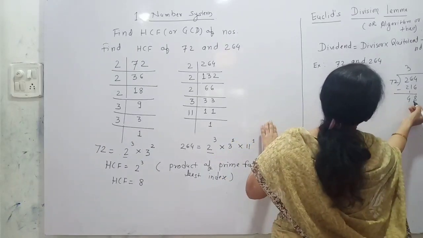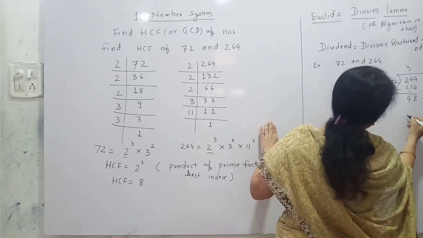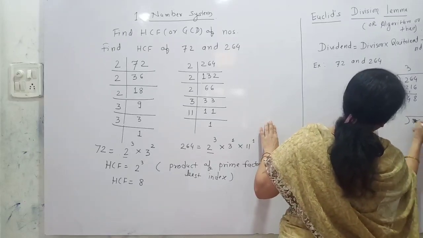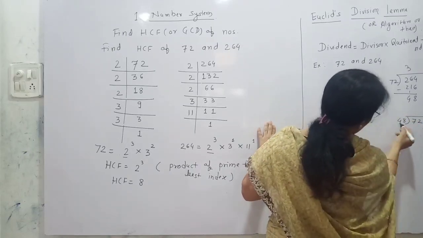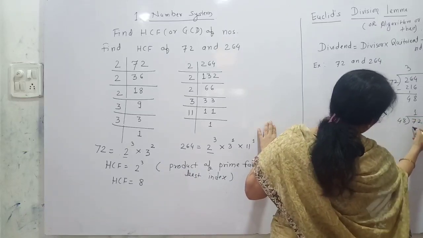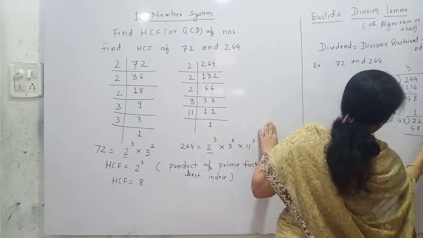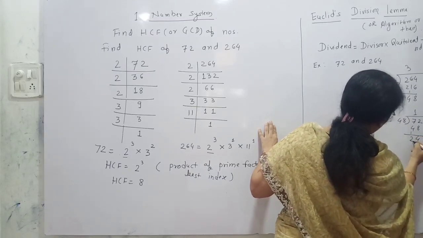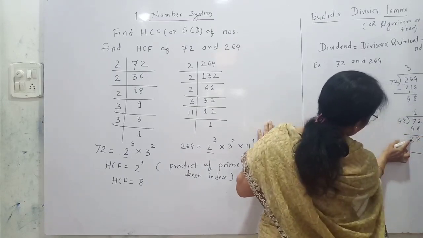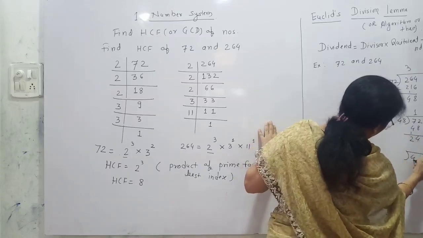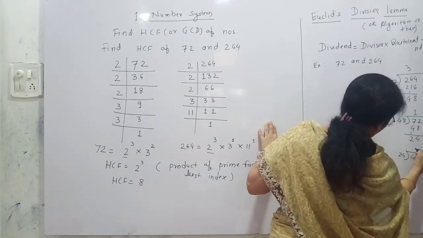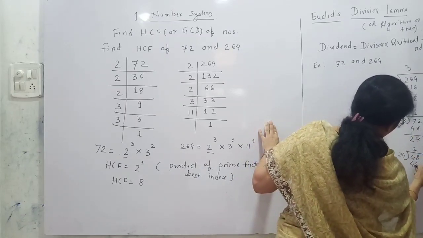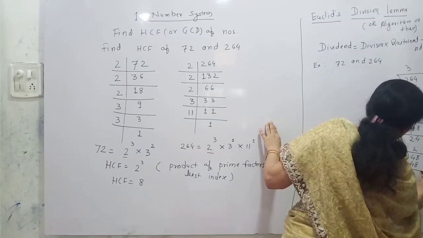So the remainder is 48. Again if you divide 72 by 48, 48 ones are 48, 72 minus 48 is 24. Again this is the remainder. If you divide 48 by 24, 24 twos are 48.